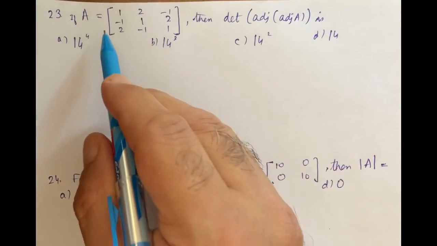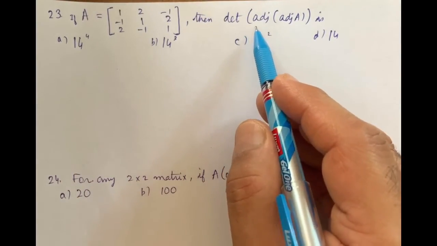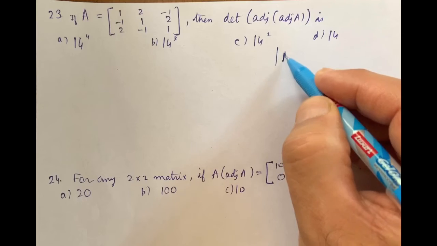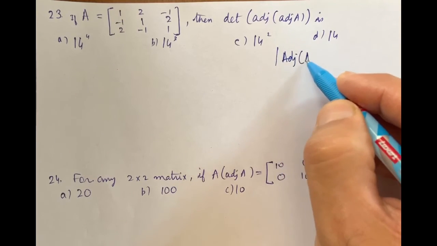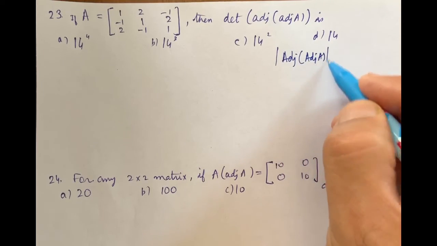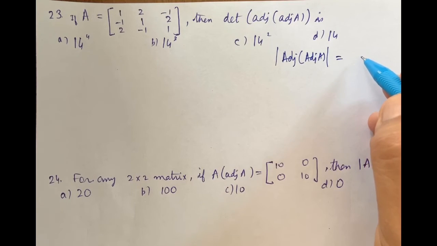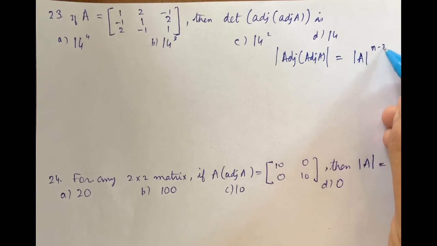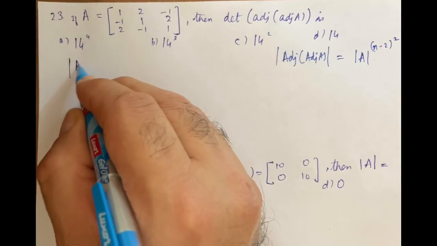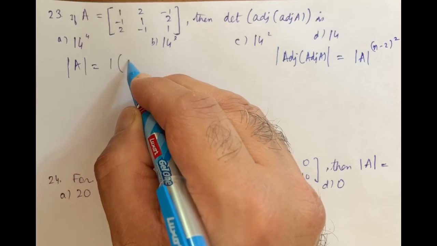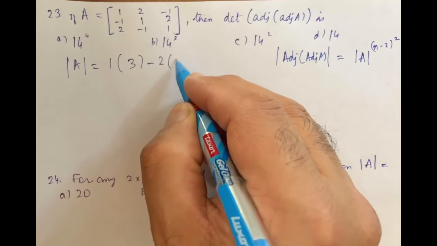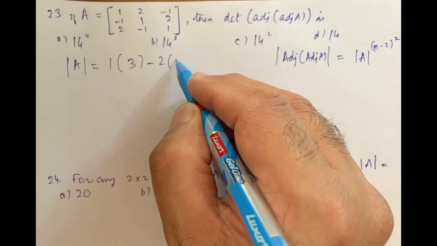We are given A and we have to find the determinant of adjoint A. We know this is equal to determinant of A raised to the power (n minus 1) whole square. So we find the determinant of A, which is 1 into (1 plus 2) minus 2 into (minus 1 minus 4).